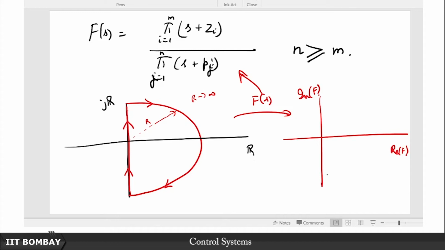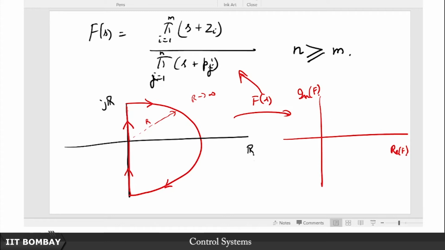Well, we already know the pole and 0 locations if given in this factored form, so this is not of interest. What is of interest to us is, given an open loop transfer function, where do the closed loop poles migrate? Do they stay within the left half plane, or do they go to the right half plane for a certain value of k or a certain choice of parameters? That is our question. So just looking at this function is not very interesting. You can already see it is in the factored form.